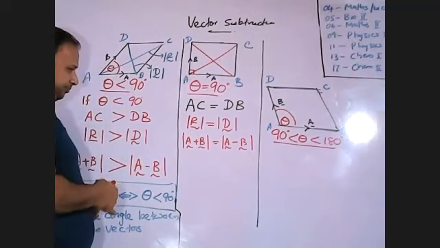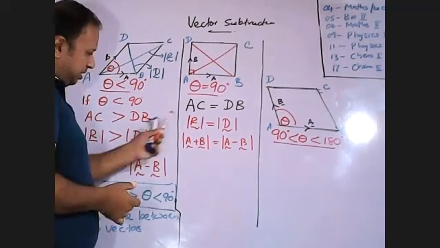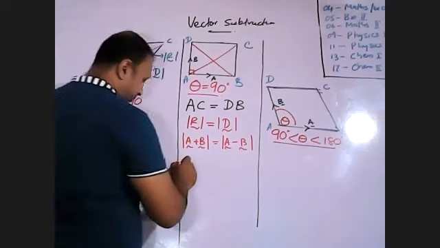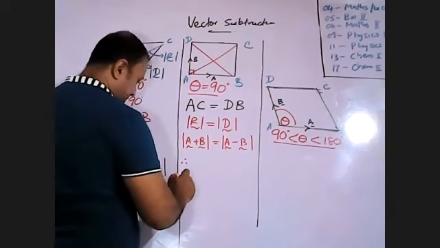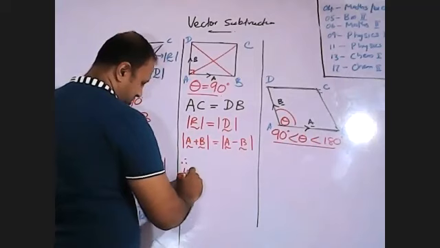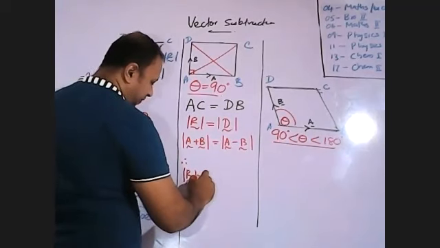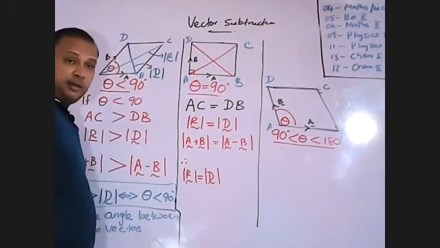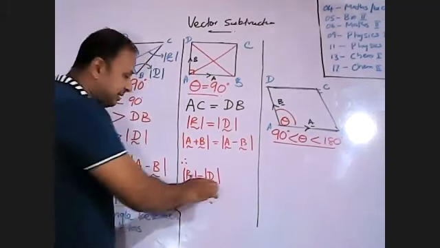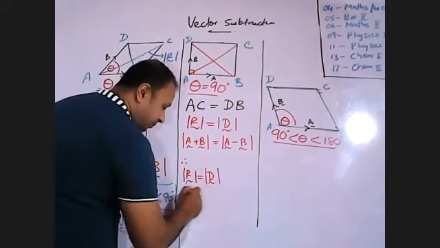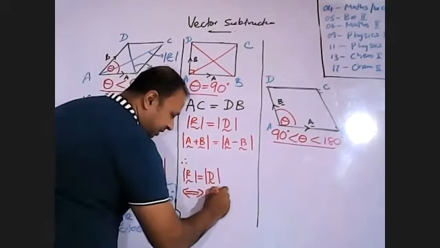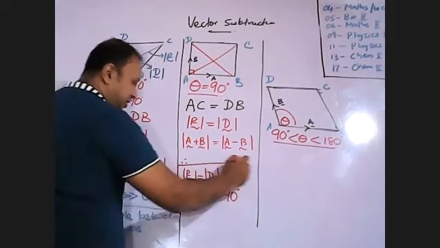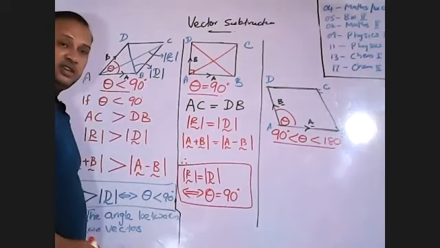So if the magnitude of R is equal to the magnitude of D, that means theta is equal to 90.